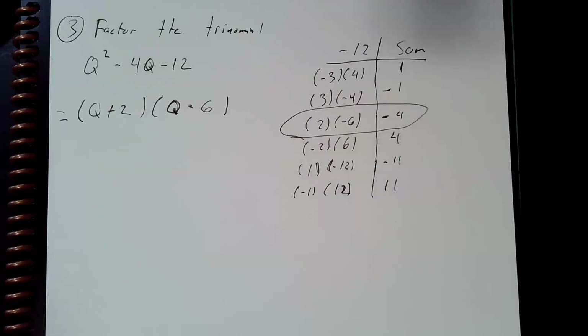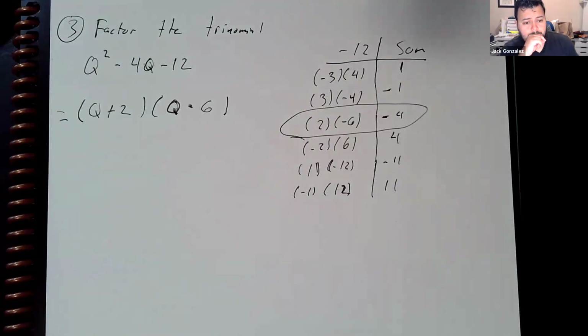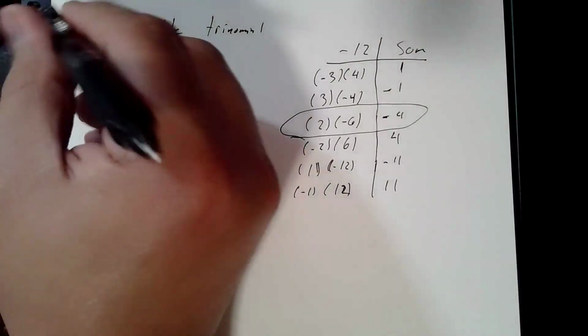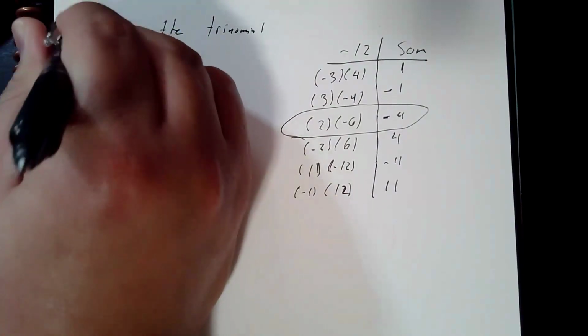Any questions on this guy? No, but I do have a question on the other one where we had the parentheses, 3p minus 5, 3 plus 2p, that one. The last one?